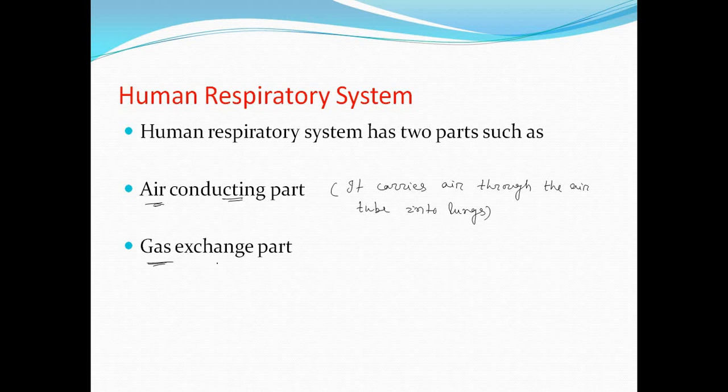And the second one is the gas exchange part. Here the atmospheric oxygen is taken in by the inspiration process and carbon dioxide is released out by the exhalation process. That's why it is called the gas exchange part, and it involves the alveoli and lungs. It exchanges the gases, especially carbon dioxide and oxygen.